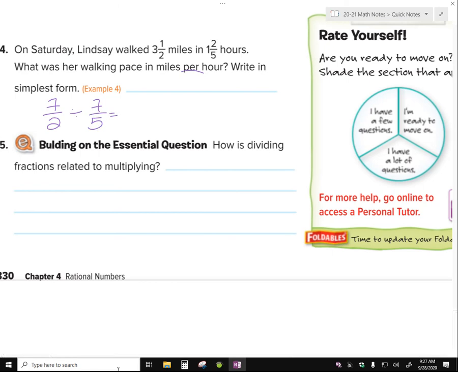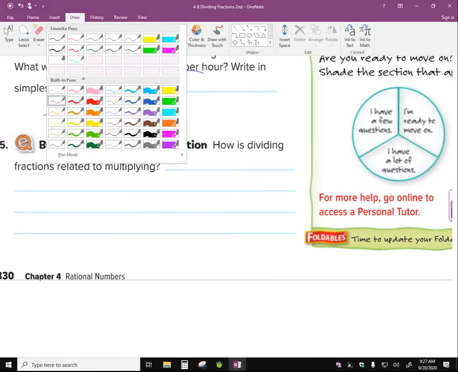I need to find the reciprocal of the second fraction. So that's equal to 7/2 multiplied by 5/7. I have a common factor here of 7. 7 divided by 7 is 1. 7 divided by 7 is 1. Get me back to my beautiful purple.